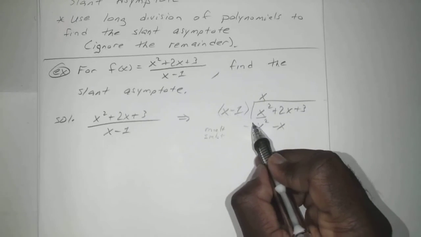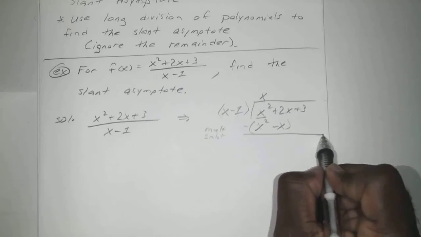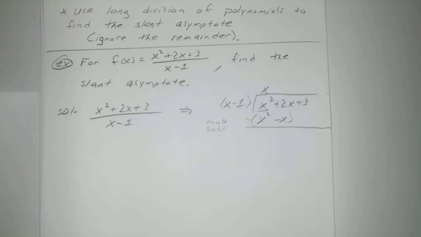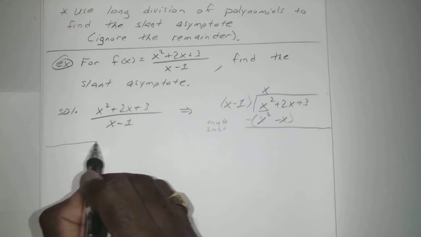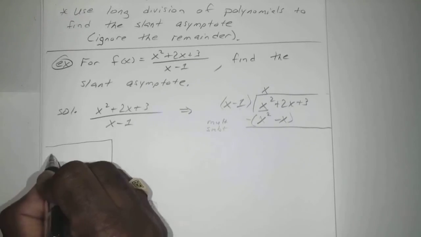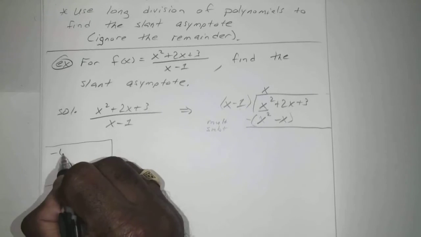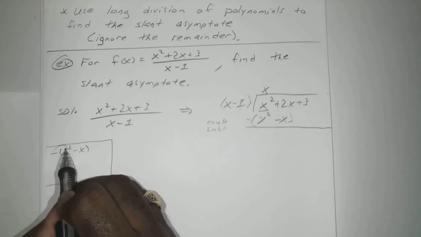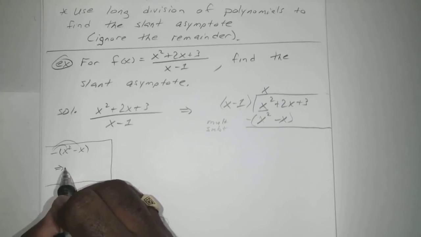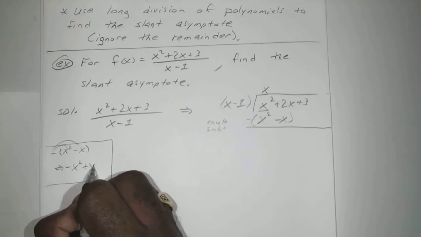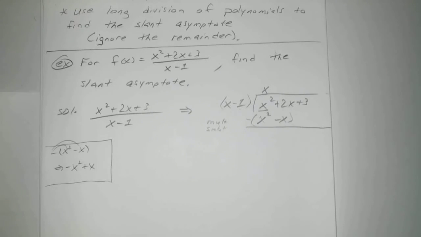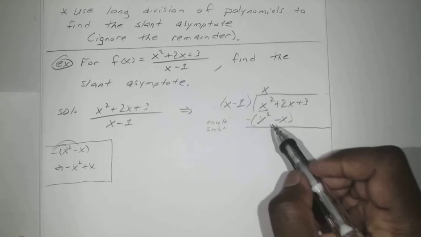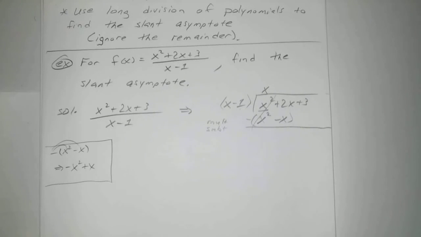So we subtract that entire term, that entire binomial. But remember, just a little reminder, negative x squared minus x, once you distribute, is negative x squared plus x, or plus 1x, depending on how you want to write it down. So x squared minus x squared is 0, so that cancels out like we planned.